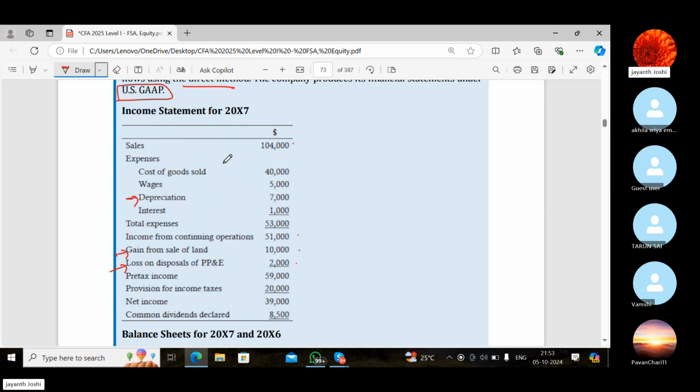So they haven't given purchases anywhere. Because now we need to find out purchases first. If we need to know how much cash we have paid to suppliers, we first need to find out the purchase figure. Purchases are not directly given, but we know that purchases are a part of COGS.